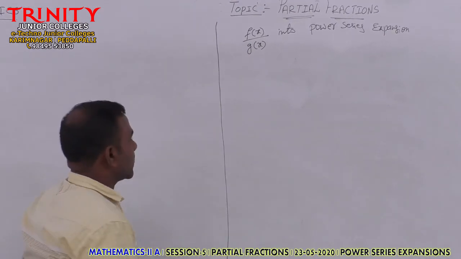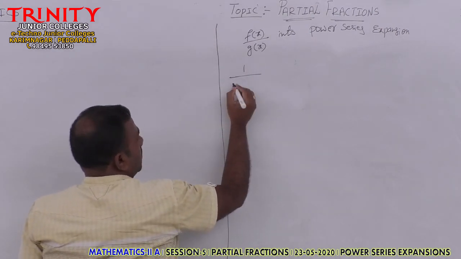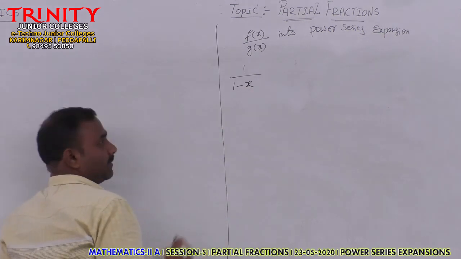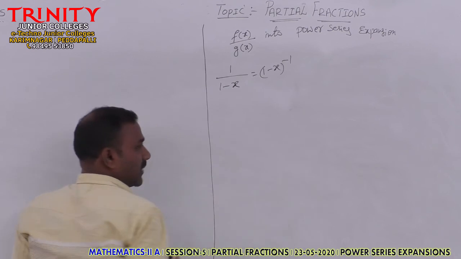We discussed how to convert the fraction f of x by g of x into power series expansion if the expression is in the form of 1 by 1 minus x, as 1 minus x whole to the power of minus 1.